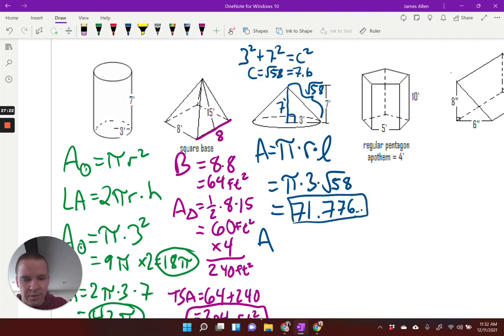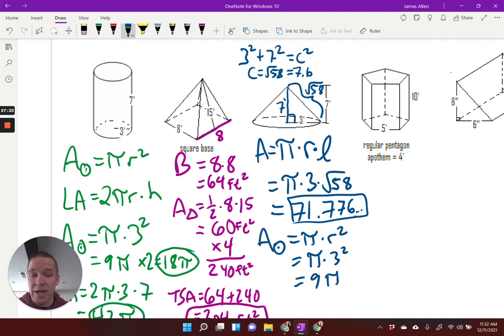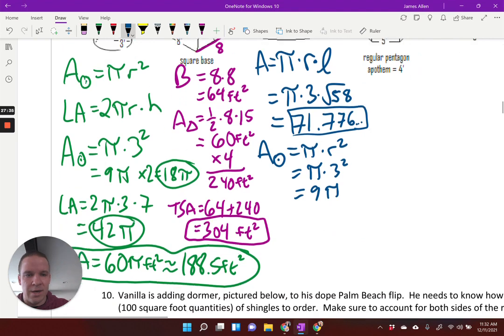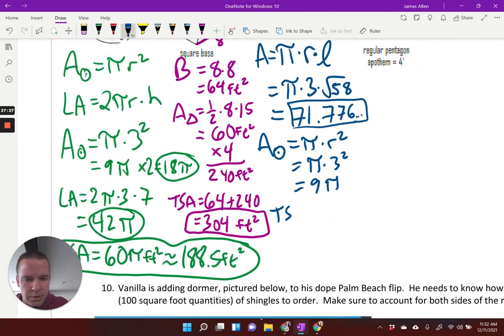So the area of my circle base is just pi times the radius squared. So pi times 3 squared, which is 9 pi. And now I can add those two together. So let's add 9 pi to that. So we've got total surface area equals 71.776 and change plus the 9 pi.